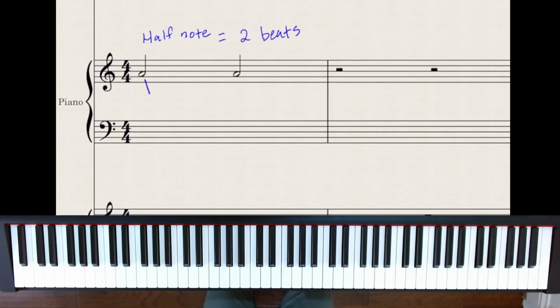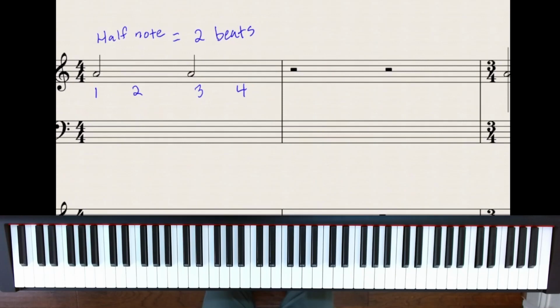And we see here that the note head is not colored in, and it has a stem. And so the way we would count this, each note you would press and hold for 2 counts. And the second note, still 2 counts, but this would be beats 3 and 4, okay?